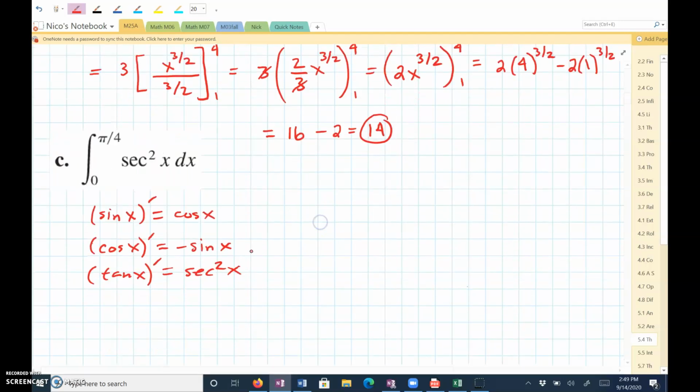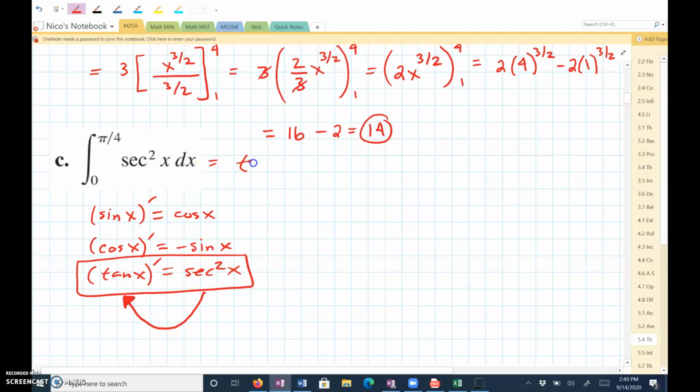The derivative of tangent of x is secant squared of x, so the antiderivative of secant squared of x must be tangent of x. So this is going to be equal to tangent of x, and we'll integrate this from 0 to pi fourths.